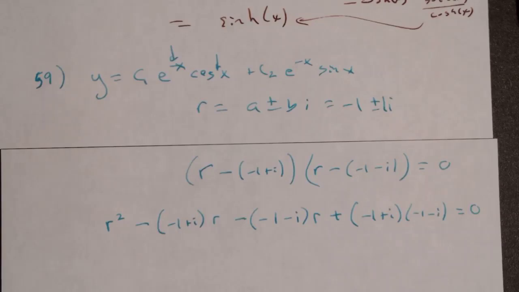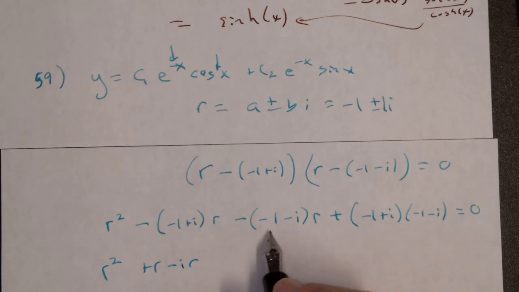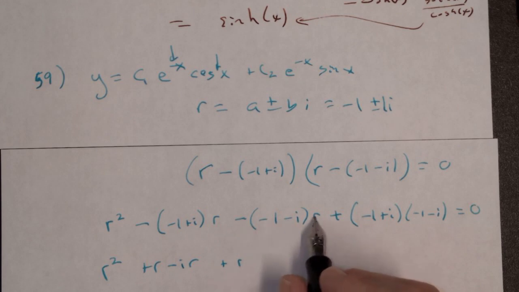What's going to happen in here? Well, a lot of things are going to cancel. I got an r squared, and then I have a plus r and a minus ir. And then here, I have another plus r, but this time I have plus ir. Those are going to cancel.